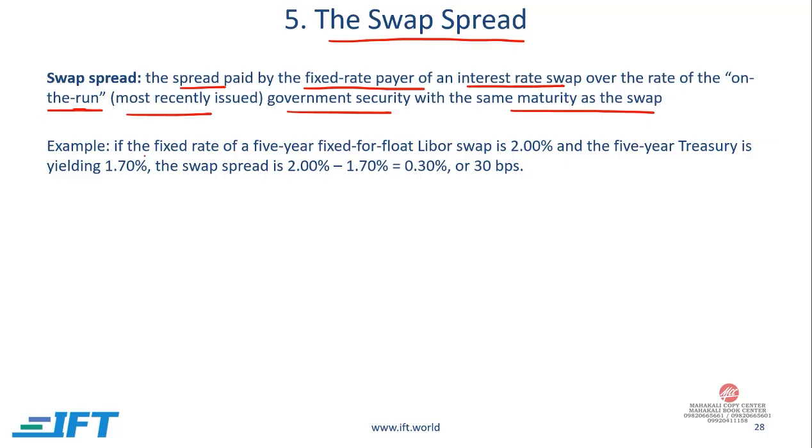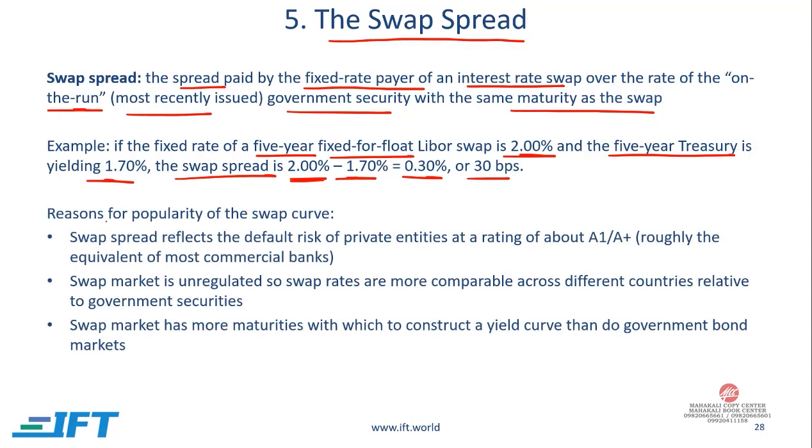For example, if the fixed rate of a 5-year fixed-for-float LIBOR swap is 2% and the 5-year treasury is yielding 1.7%, then the swap spread is 2%, which is the fixed swap rate for the 5-year swap, minus 1.7%, which is the yield on the government security, and this gives us 0.3% or 30 basis points. So essentially, the swap spread is the spread over a comparable government security.